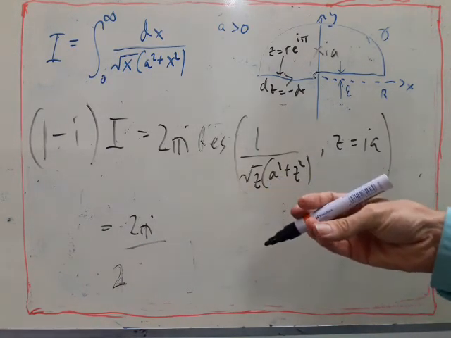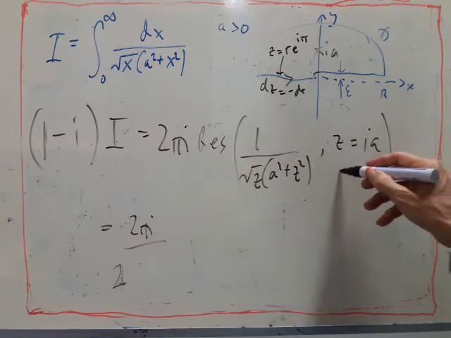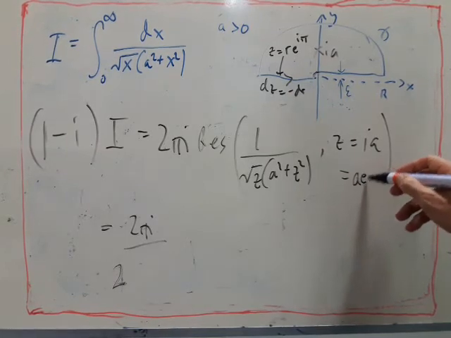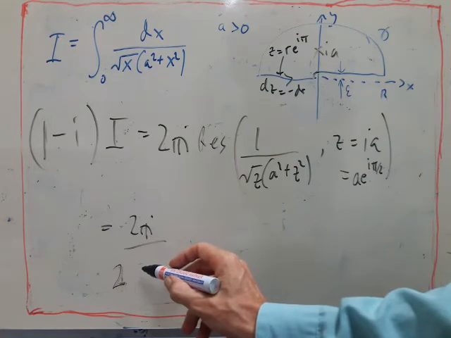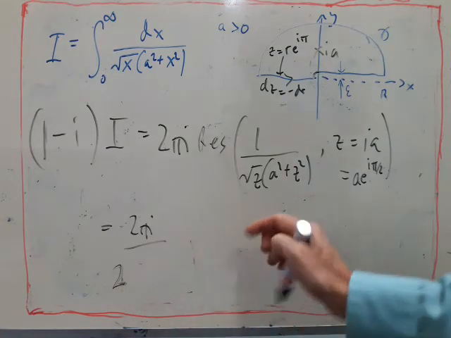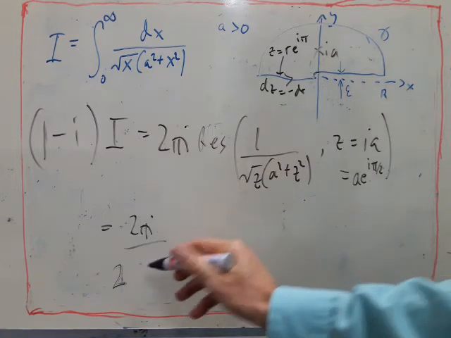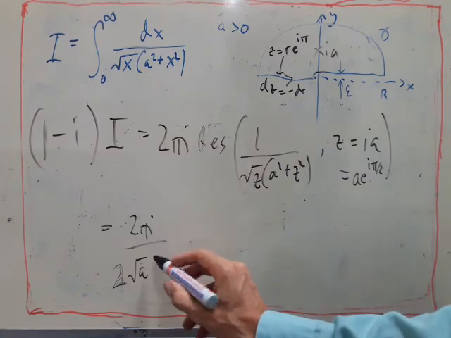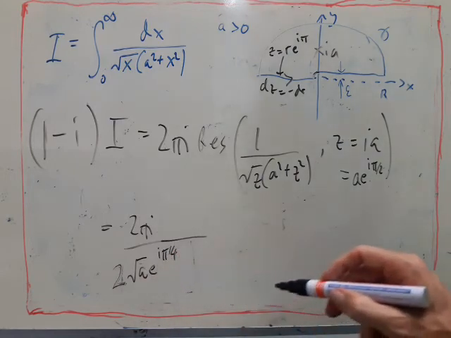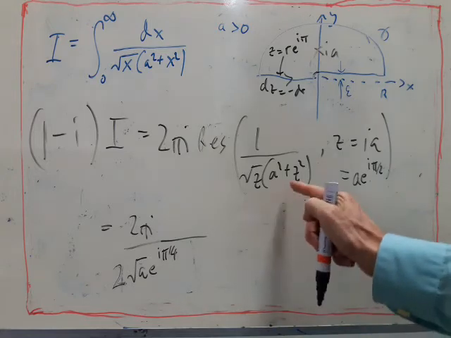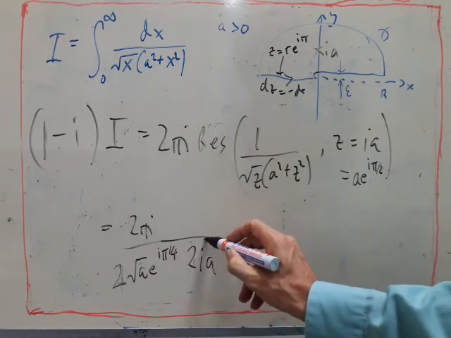Okay, so this I can write as a times e to the I pi by 2. So when I square root that, I've got root a times e to the I pi by 4, and that's multiplying 2z, which is 2ia. Okay.